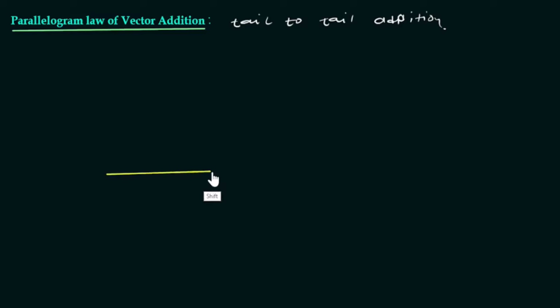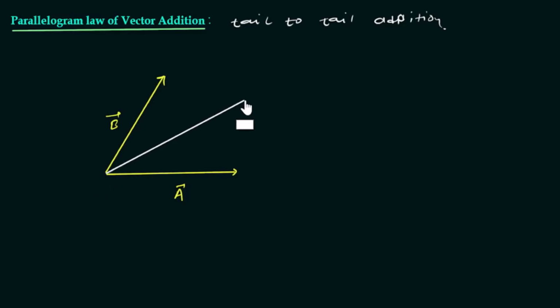One vector is A, another vector is B. The resultant of these two vectors will be somewhere in between, and the length of this vector should be more than A and B both because it is the addition of both vectors. So this is your A plus B, which is basically the resultant.